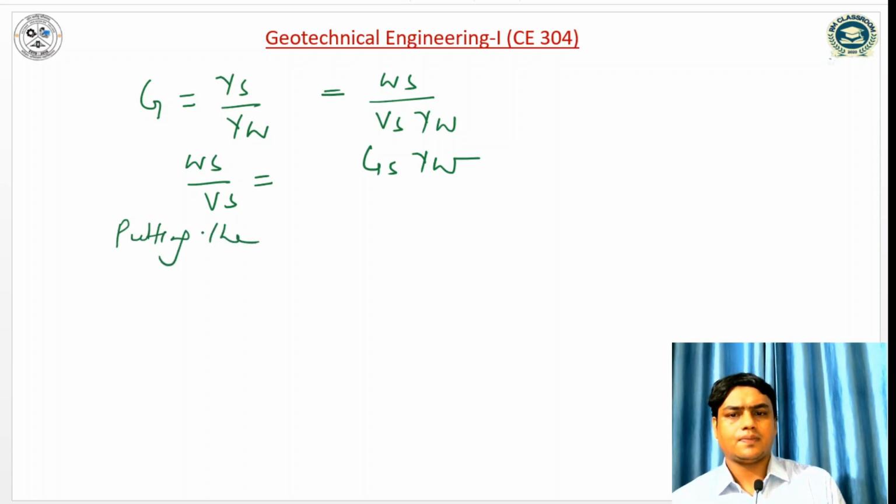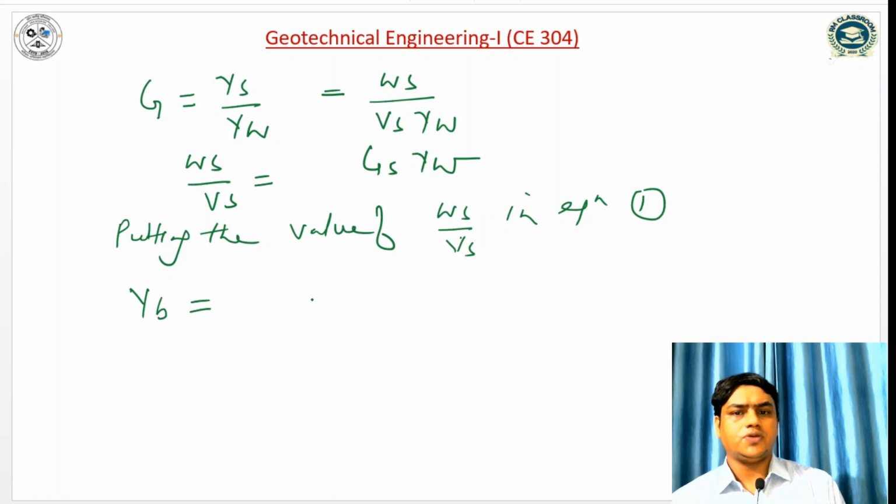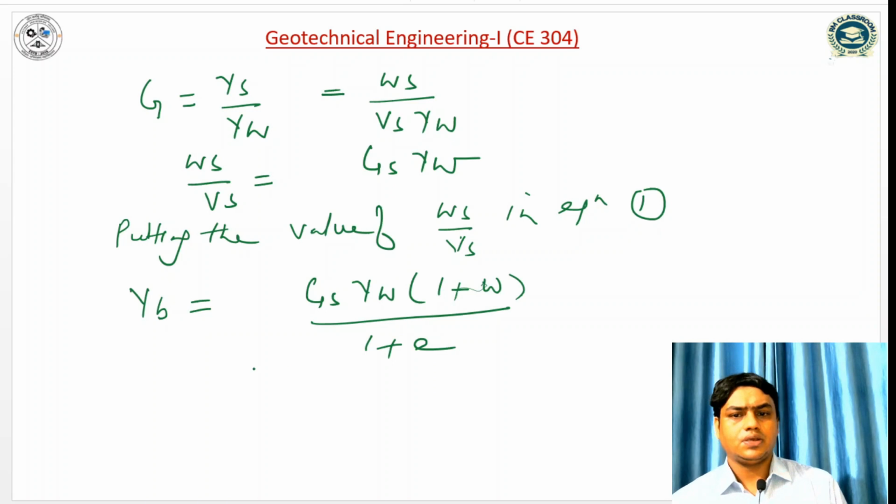Putting the value of Ws by Vs in equation first, we can write gamma B is equal to Ws by Vs into 1 plus w divided by 1 plus e, which is Gs gamma W into 1 plus w divided by 1 plus e.